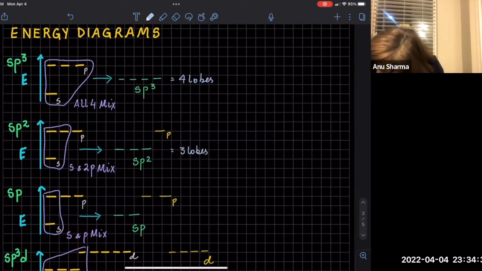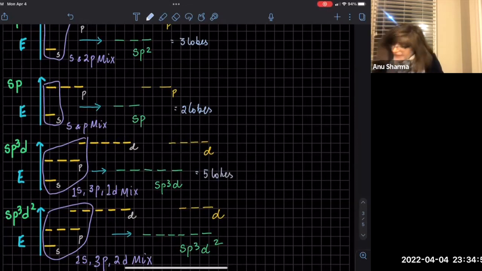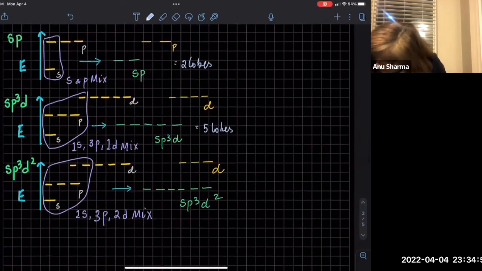Sp is 2 lobes. Sp3 D is 5 lobes: 1, 2, 3, 4, 5. 5 lobes. And Sp3 D2 is 6 lobes.